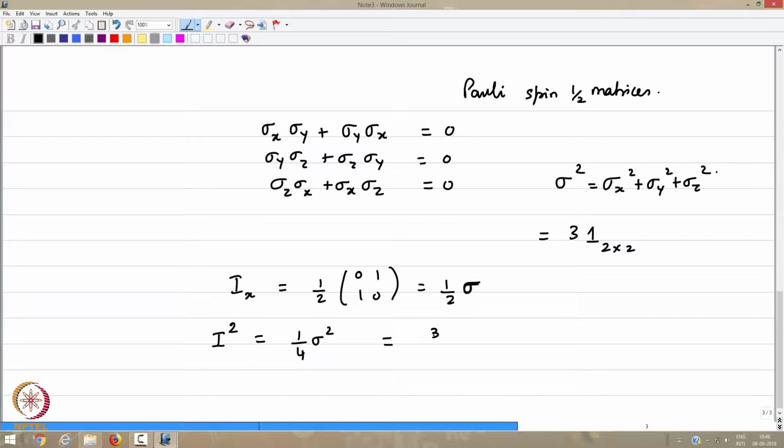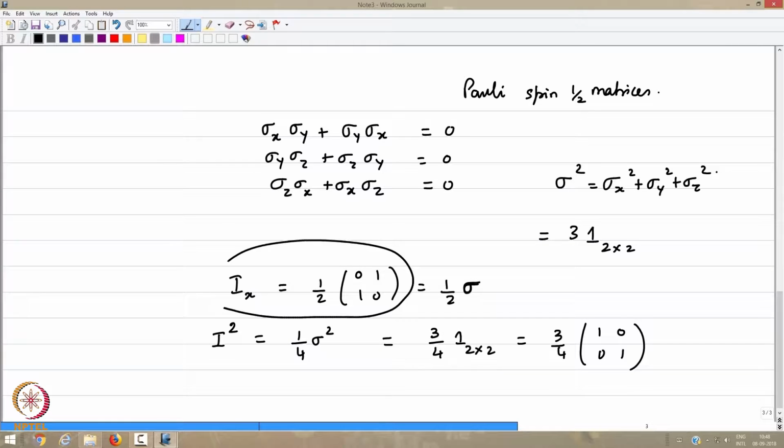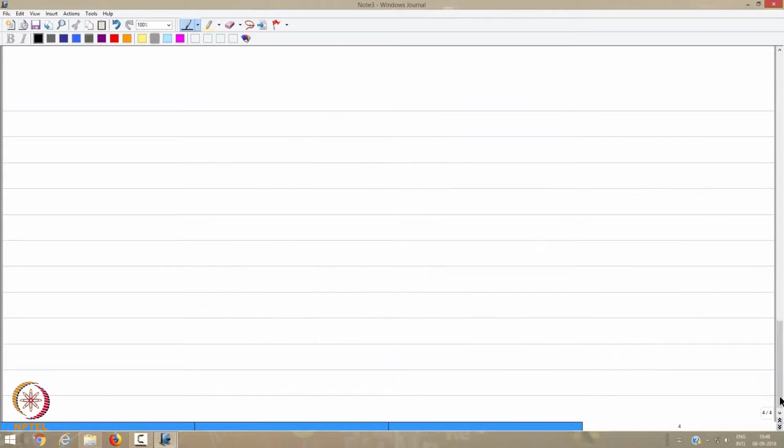Therefore, it is 3/4 times the identity matrix 2 by 2, namely 1 0 0 1. This is the Pauli representation of the spin 1/2 angular momentum in terms of matrices. The relation between the two is given by this numerical factor 1/2. I think that is important to remember.